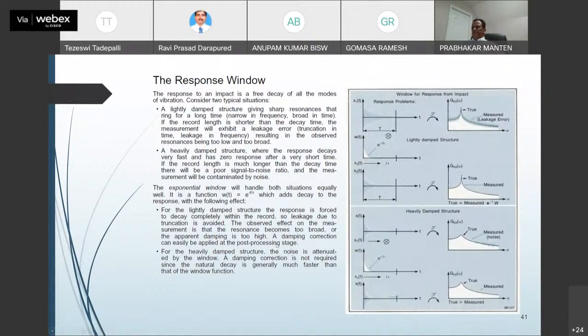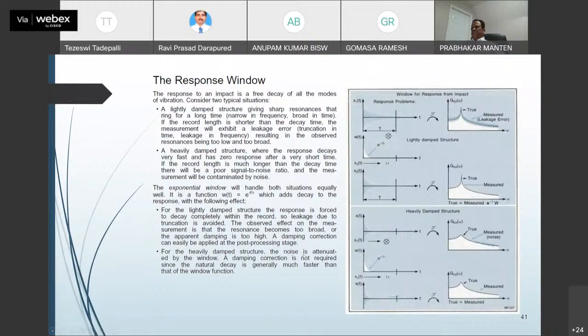This is apparent damping, introduced. A damping correction can easily be applied at the post-processing. So it's not that horrible. If you really want to, get good data and compensate for whatever that forcing was in a post-processing stage. There are instrumentation facilities which allow you to compensate for that decay and make a provision.